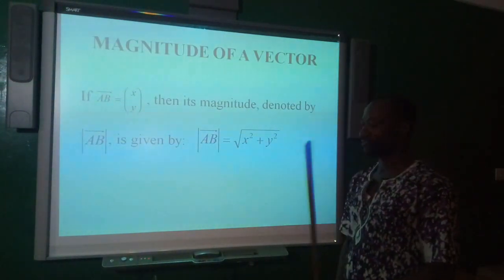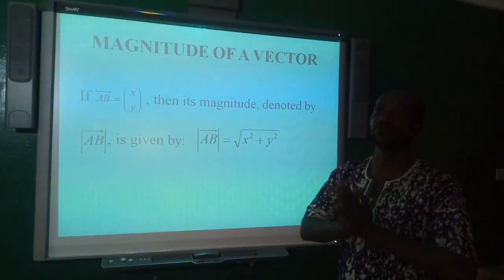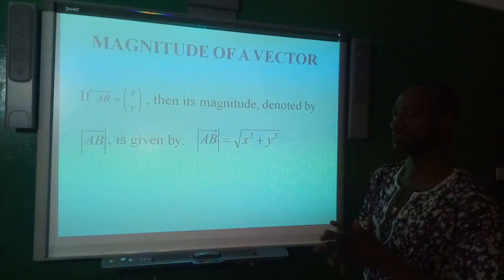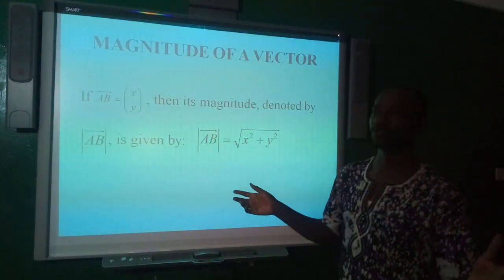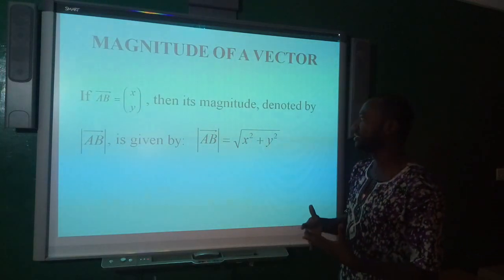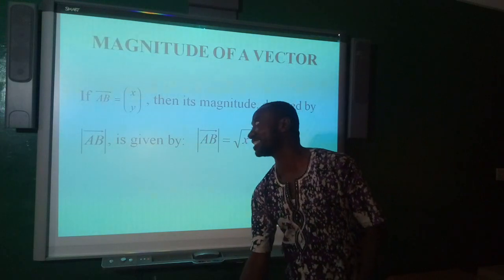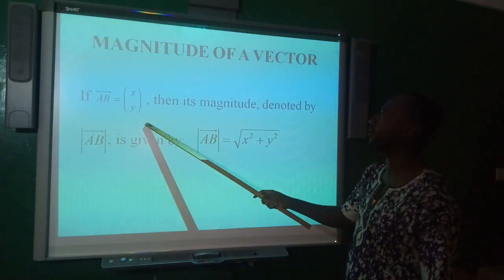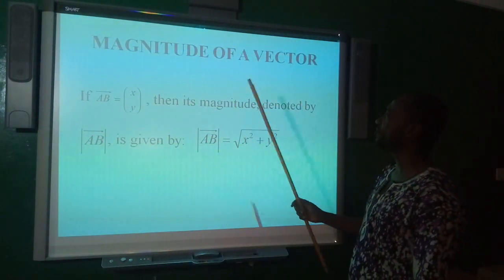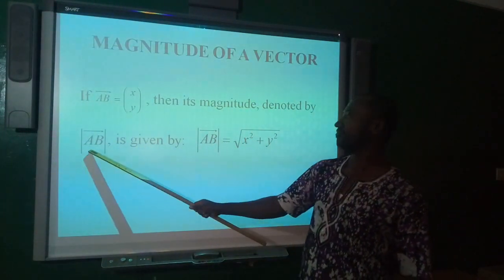Let's look at magnitude of a vector. If the vector is given to you in magnitude bearing form, the magnitude is shown already. But in the other forms, you don't know the magnitude. So how do you find that magnitude? Good. So if you are given vector AB as (x, y), then if you want to find its magnitude, it is indicated by |AB|.